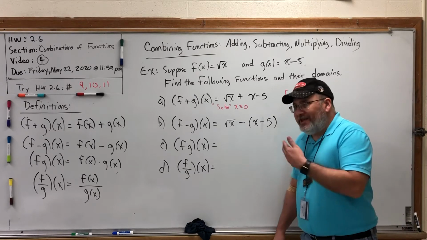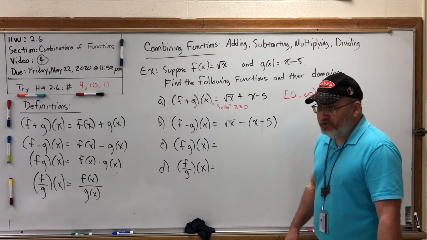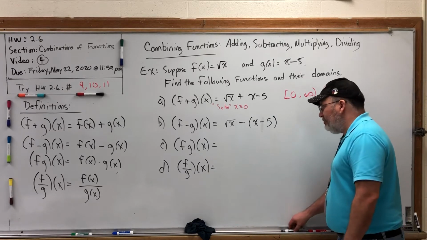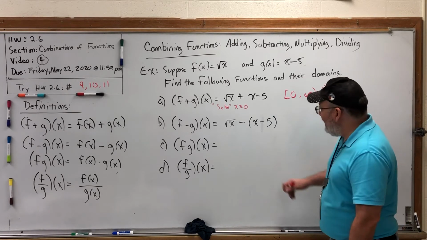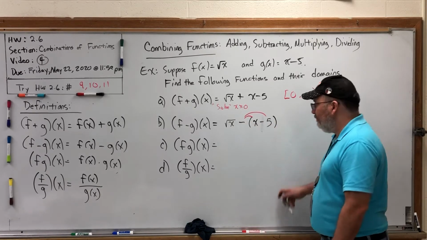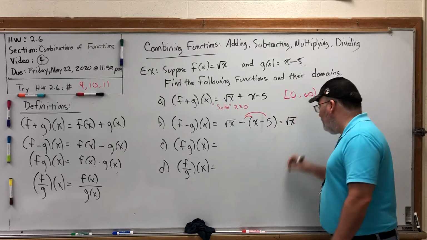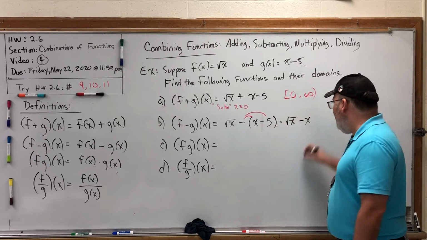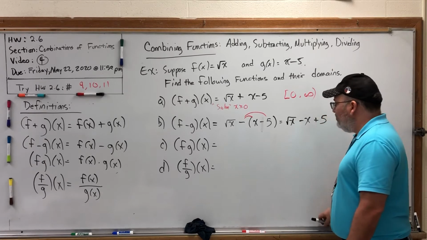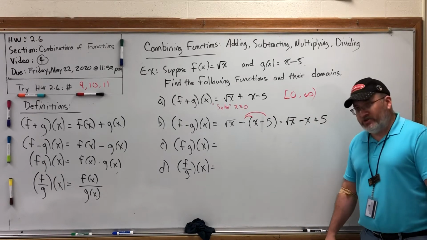But as with any subtraction problem involving polynomials or variables in general, you should always ask yourself, do I need to distribute the negative? And the answer is yes, if there are multiple terms. So the square root of x would stay put, the x would become negative x, and the negative 5 would become positive 5. But just like the sum above it, there are no like terms, so this one is over.